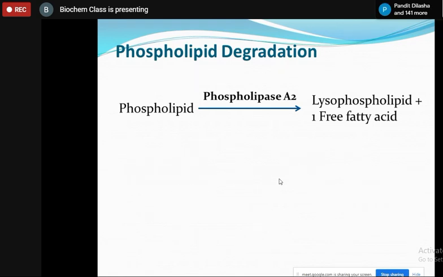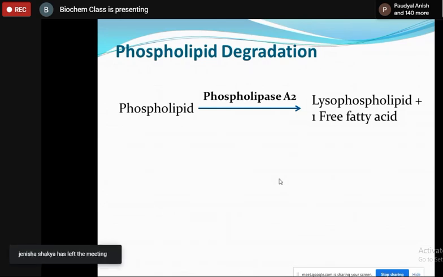So with this, the fat digestion gets completed. The bile salts play a very significant role in the digestion of fat because until and unless emulsification is done, fat digestion would get affected.